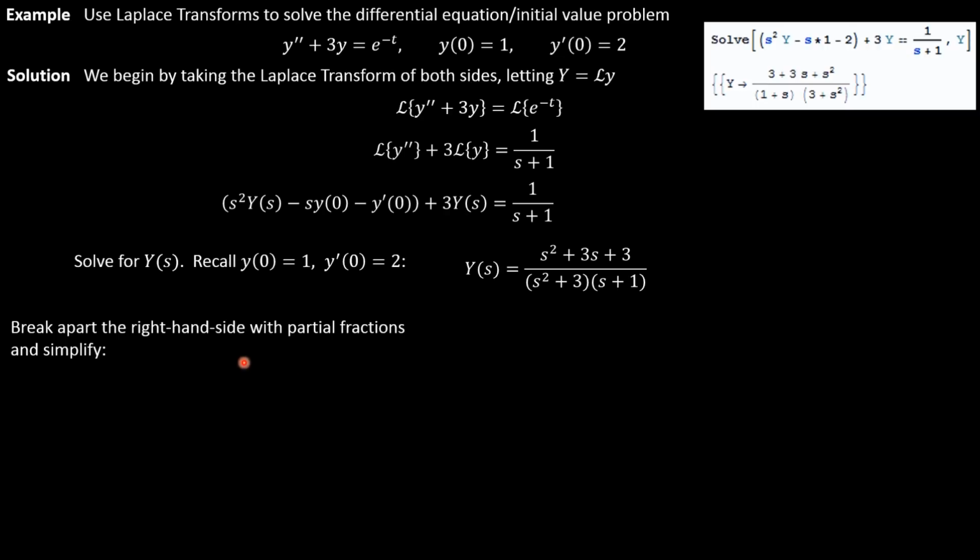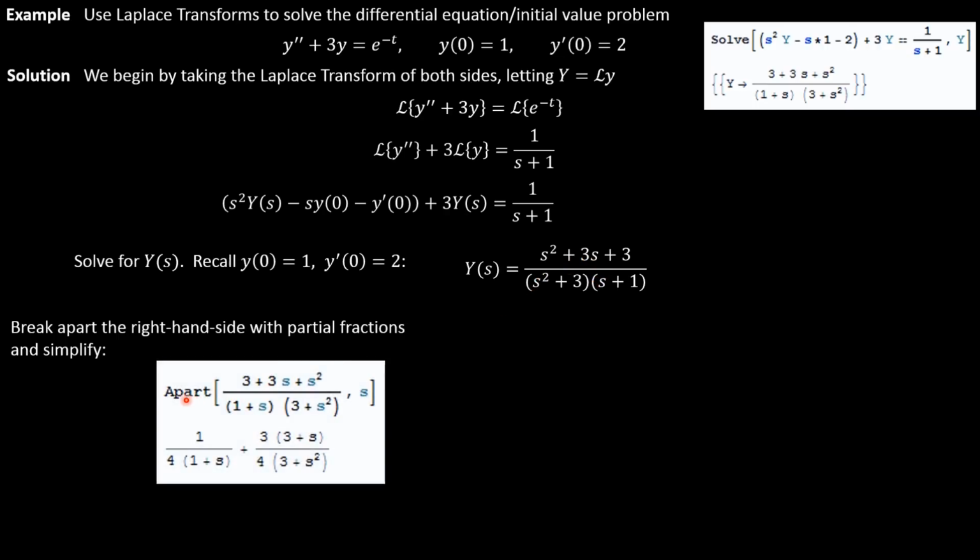So we're going to break this apart using partial fractions. You can simply use the Apart function in Mathematica to do that. Simply specify the fraction you want to break apart with partial fractions and the variable with respect to which you're doing partial fractions. This is useful because sometimes you'll have some extra constants in here that you want to treat as constants rather than a variable, so it's important to specify the variable when you're doing partial fractions.